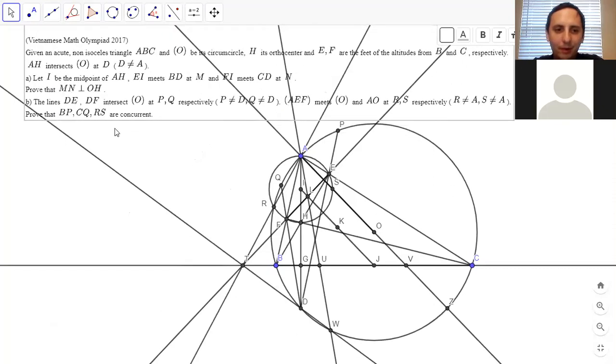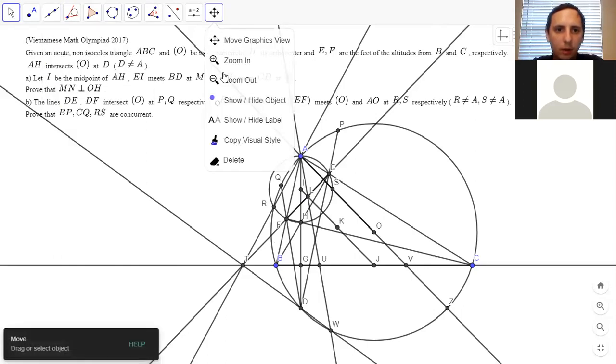But there's still that well-known idea that BP and CQ intersect at L. So I'll have to show that when I write it up. Just a second.